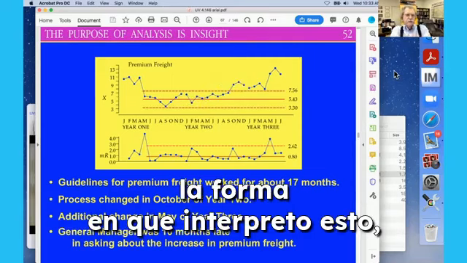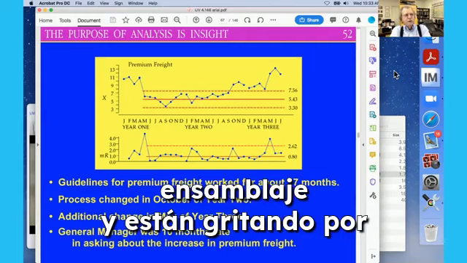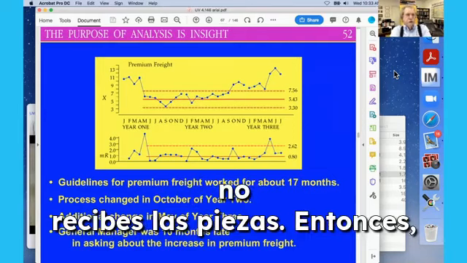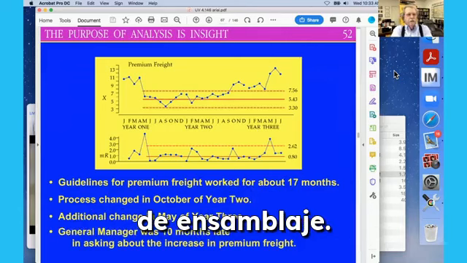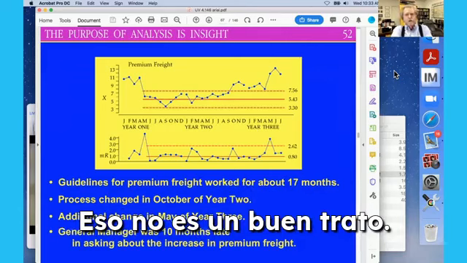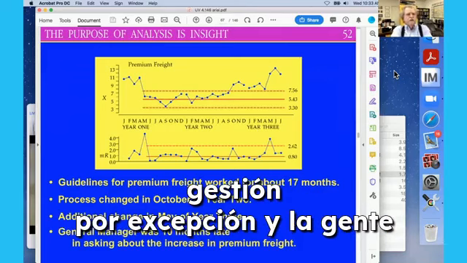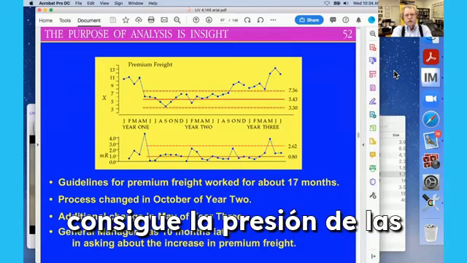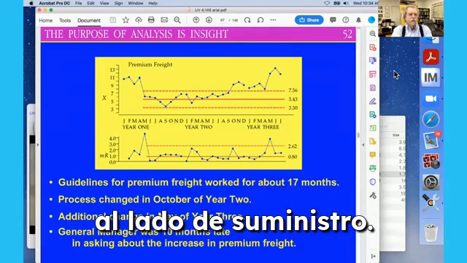The way I interpret this, you've got an assembly operation and they're screaming for parts. And if you don't ship the parts, you don't get the parts in, then you shut down the assembly operation. And that's not a good deal. And so we start seeing management by exception and people ignoring the guidelines and get the parts, get the parts, get the parts, pressure from the production side to the supply side.